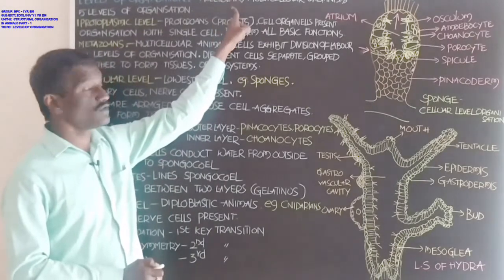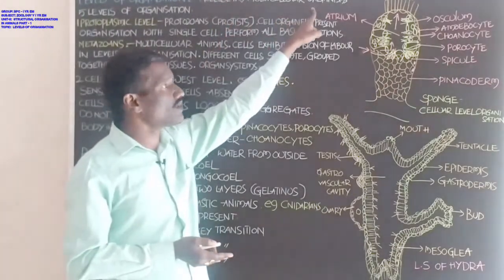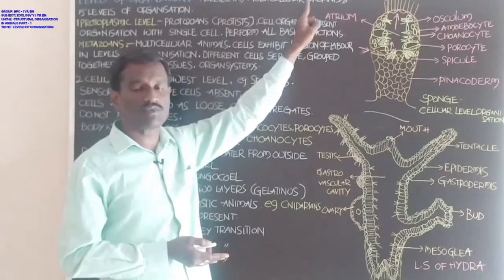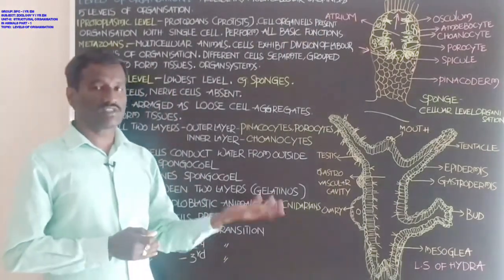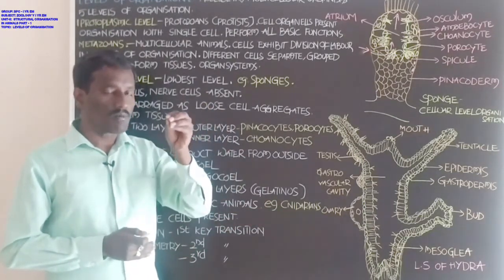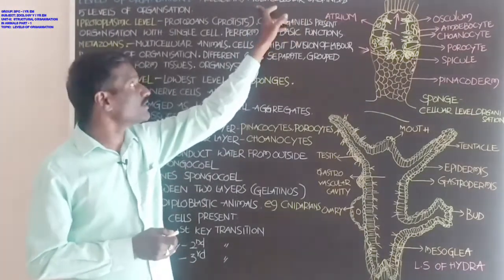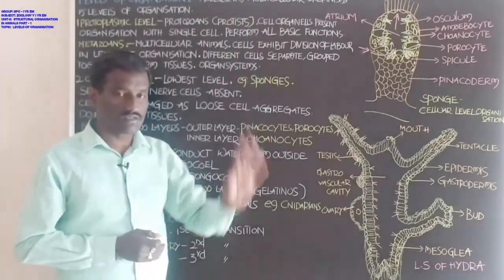Next, multicellular organisms. Multicellular means a number of cells are present that arrange the body formation. Multi means more, cellular organisms.